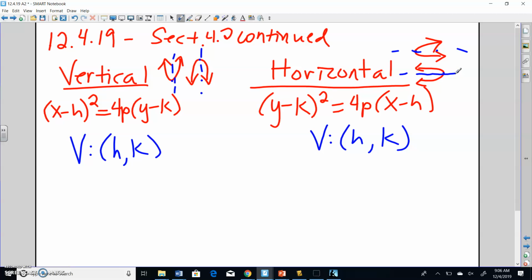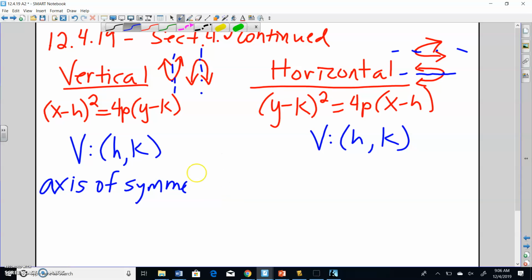So how do we identify the axis of symmetry? The axis of symmetry, AOS, is the equation. For the vertical, it is x equals h.